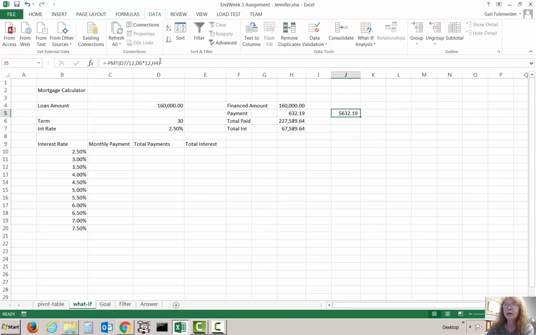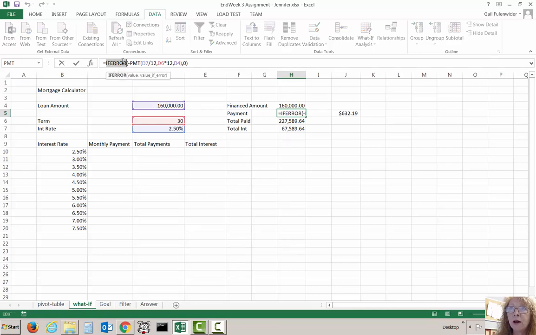Okay. Now to take this and work within the IFERROR, again, I'm going to copy this to the clipboard and let's go back to our payment here and let's do our IFERROR. Now I can see here the IFERROR has two parts. I have to tell it the function, which again I could find by using the FX.